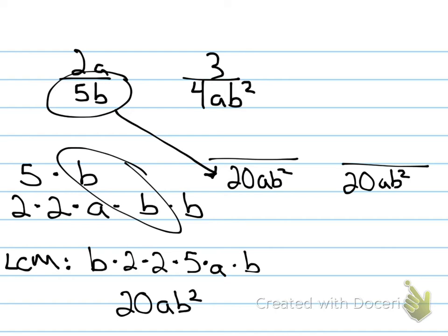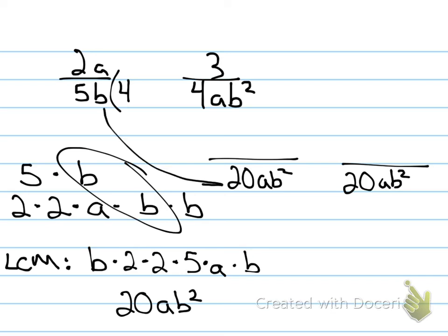Well, look at the numbers first. How do I get from 5 to 20? Multiply by 4. Now, how did I get from no A to an A? I need to multiply by an A. How do I get from a B to a B squared?